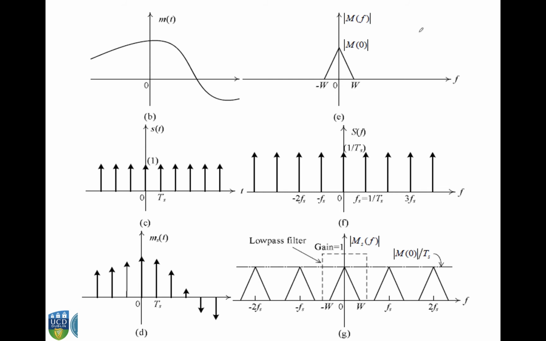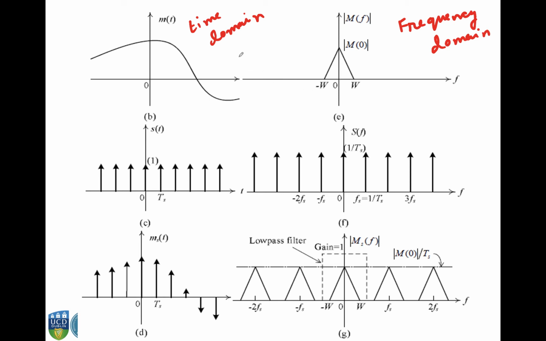Let's say you have your signal mt or xt, whatever, the notation doesn't matter as long as you get the concept right. This is your original signal in the time domain, and the same signal in the frequency domain is represented by this.